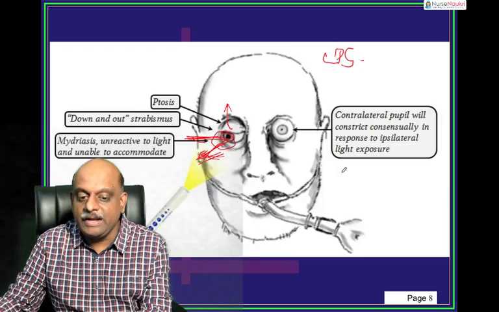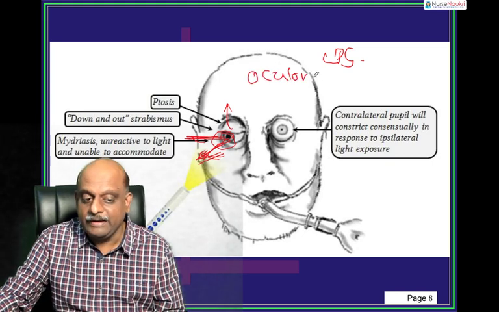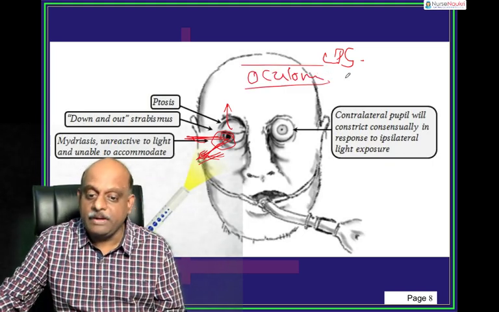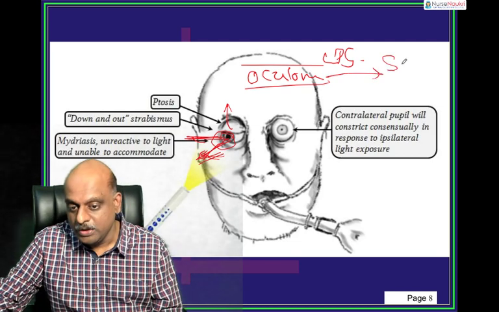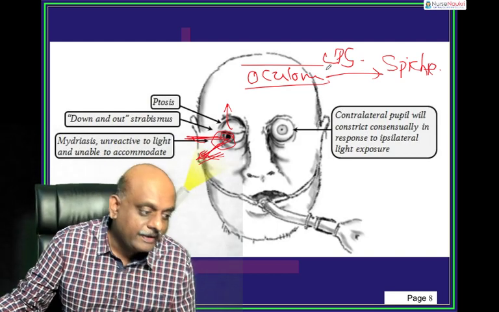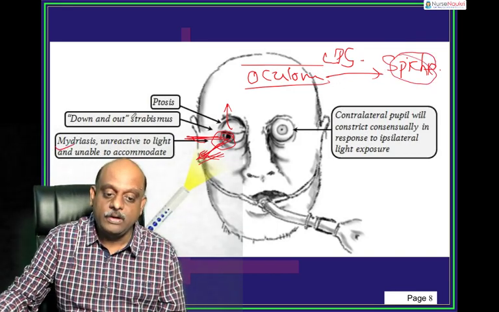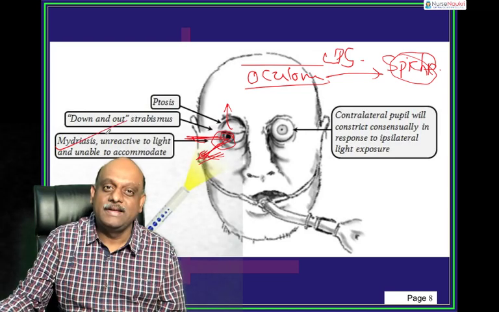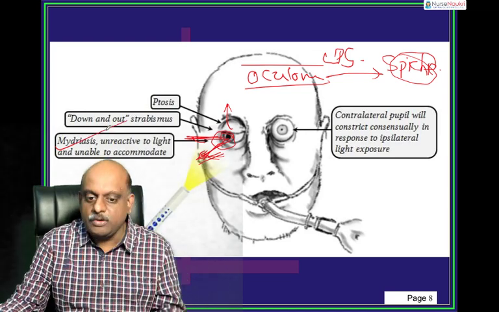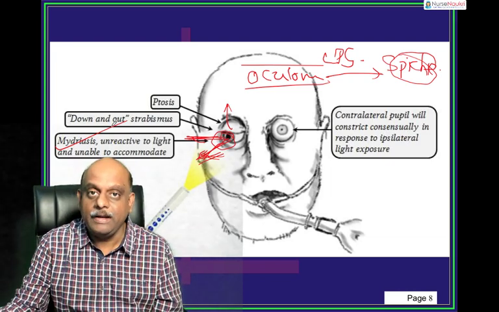Then, what is oculomotor carrying, doctor? Oculomotor nerve is carrying the fibers, parasympathetic fibers to sphincter pupillae. इसलिए अगर sphincter pupillae को कुछ हो गया तो mydriasis, the pupil will go into dilatation, is what you need to remember. Right?